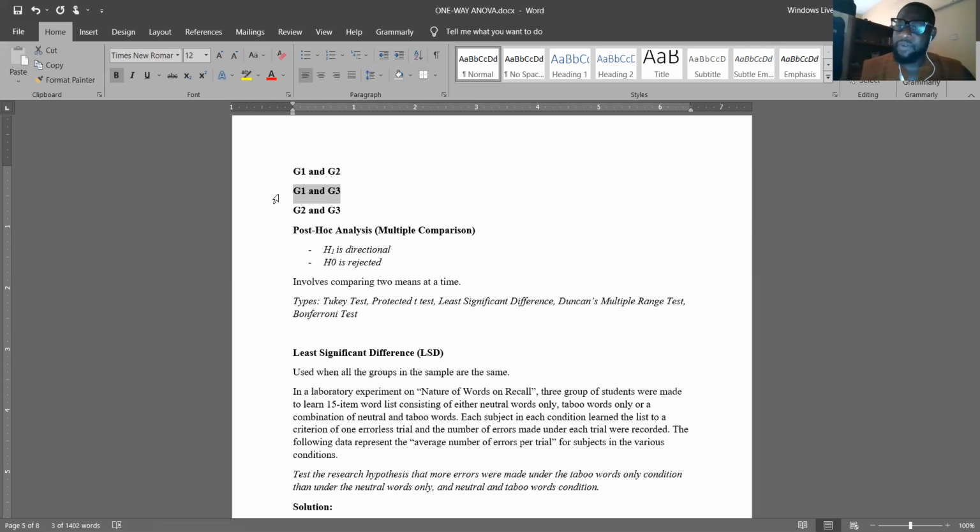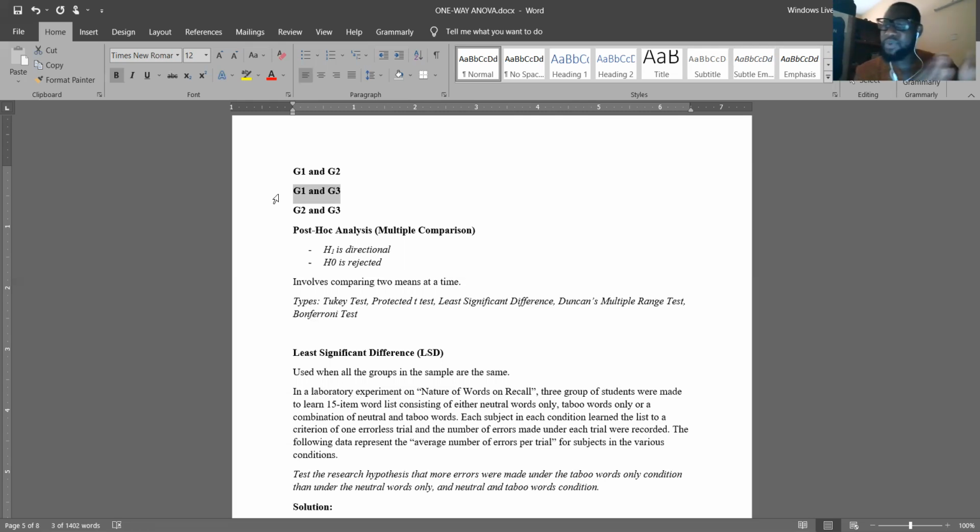And I'm repeating, for you to do multiple comparison, make sure that within the question they stated the hypothesis, that's the alternative hypothesis. You will get it in the question. Make sure that they indicated it in a directional form. And also, per your calculation, when you're doing the 6 steps, you were able to make a decision to reject H0.